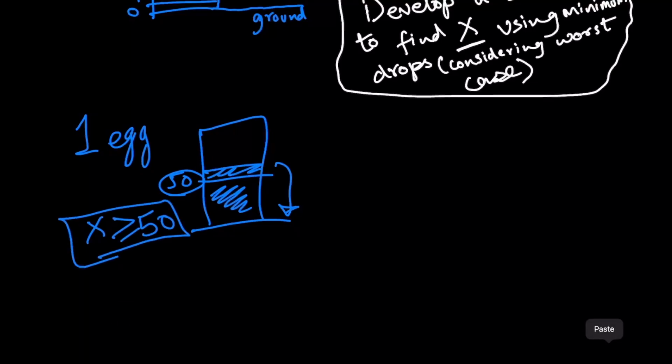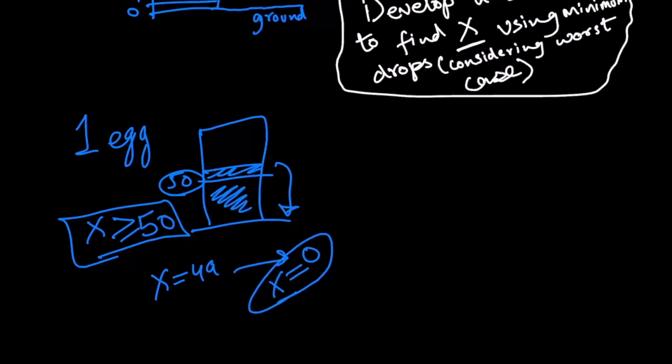But the problem arises when it does break when we drop it from floor 50. What happens now is I have no idea whether x was 49 or anything below 49. It could have been all the way down to x equal to 0. And since I've used up my single egg, there will be no way of confirming the value of x.